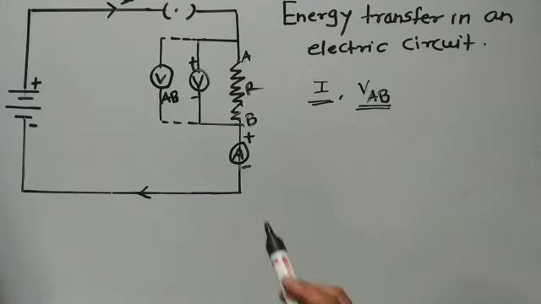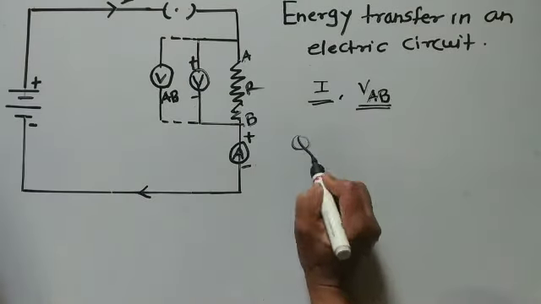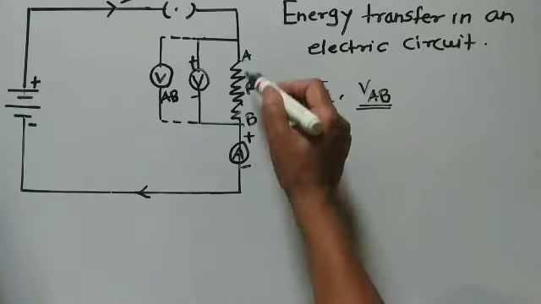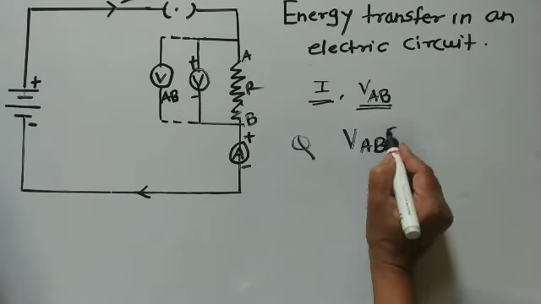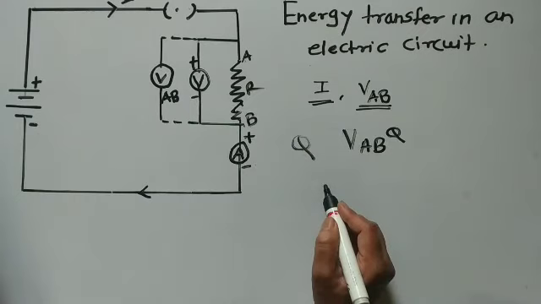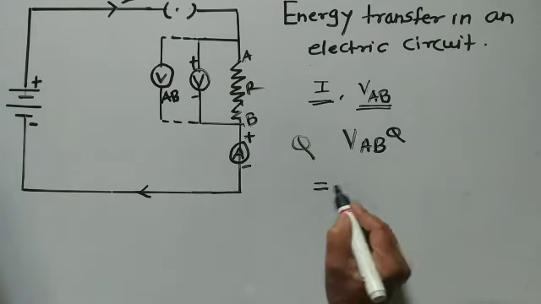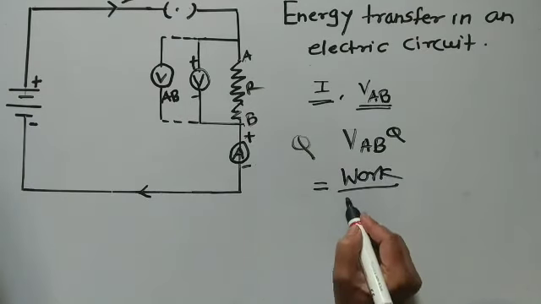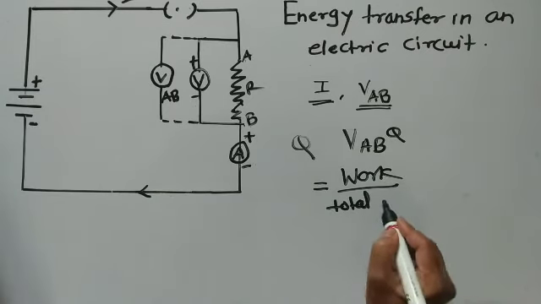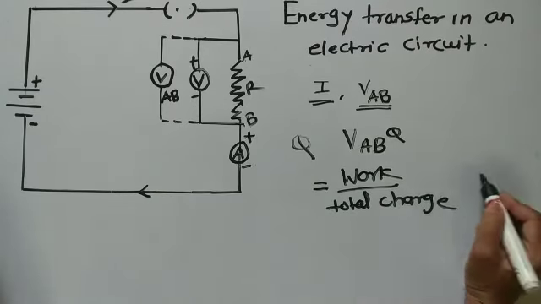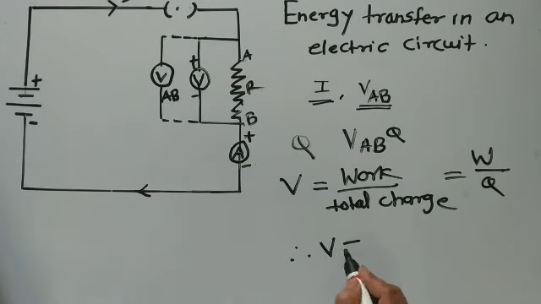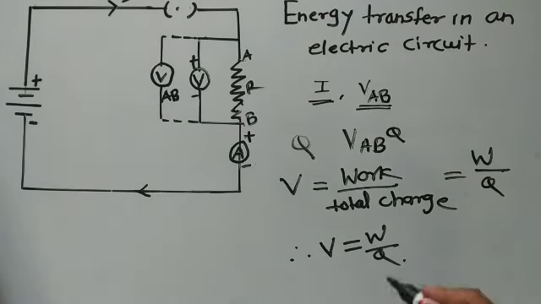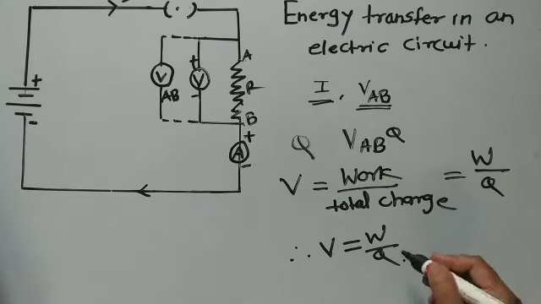Suppose Q is the charge. If charge Q flows from point A to B, the work is VAB into Q. In 9th standard, we have studied that the potential difference between 2 points is equal to work divided by the total charge, that is W upon Q. Therefore, V is equal to W upon Q. This is the potential difference we studied in 9th standard.